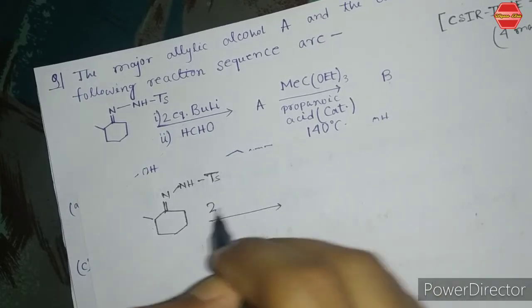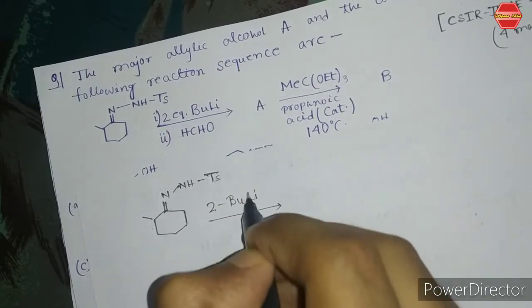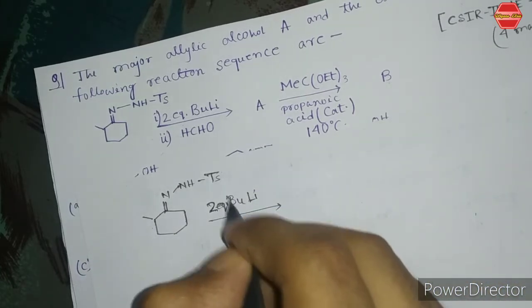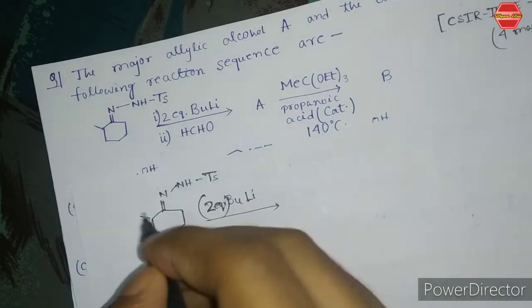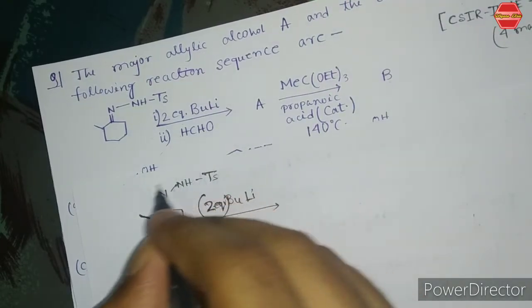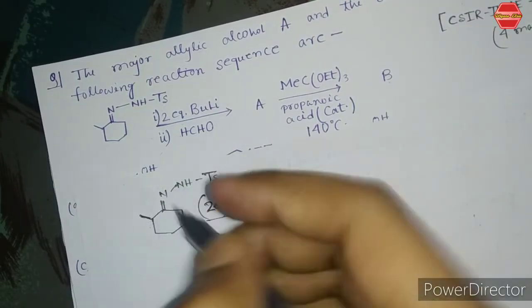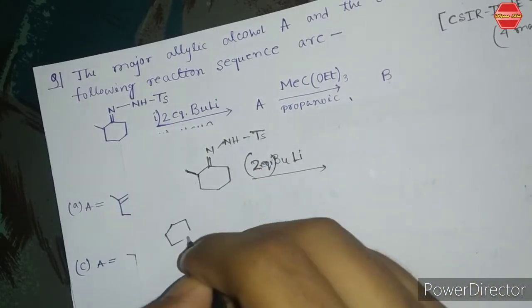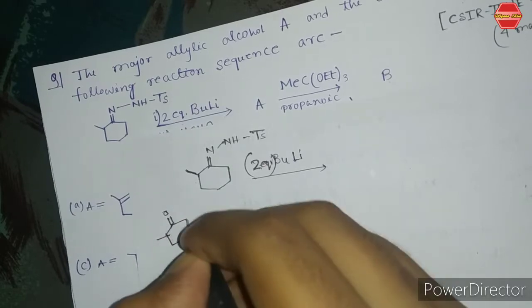You have 2 equivalents of butyl lithium. Now see, you can easily form the tosyl hydrazone from this structure, 2-methyl cyclohexanone.